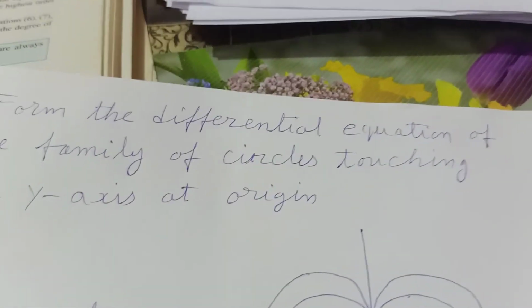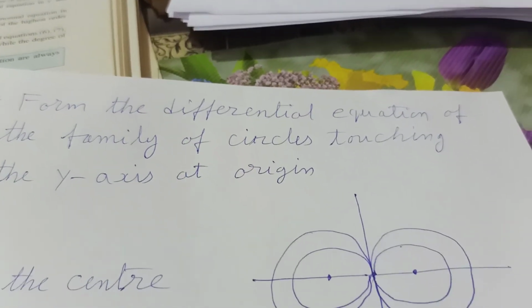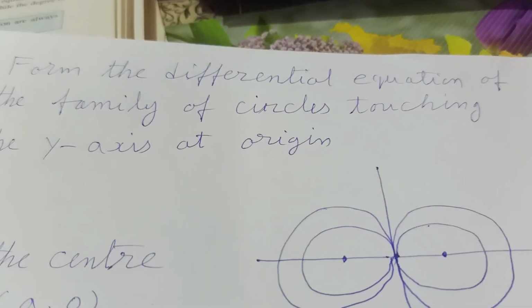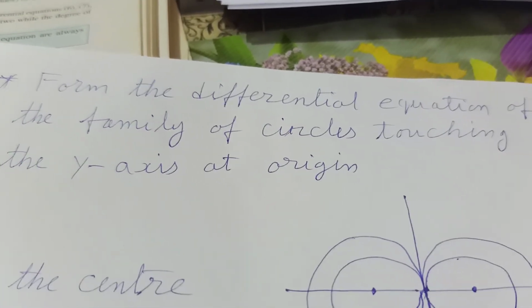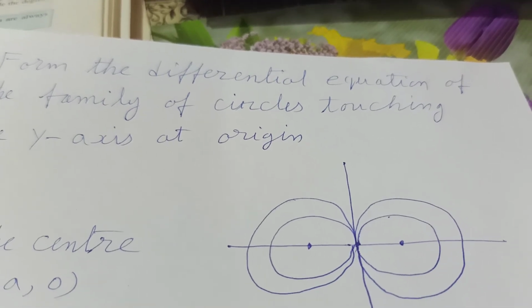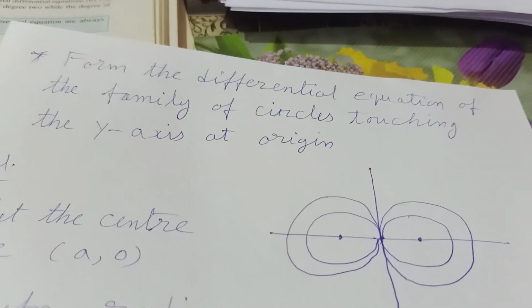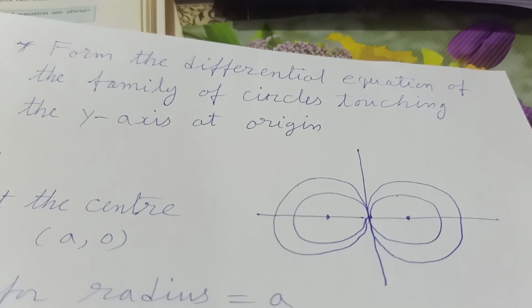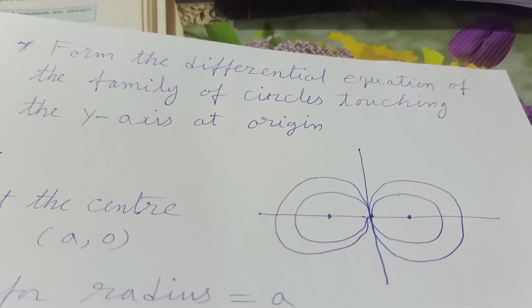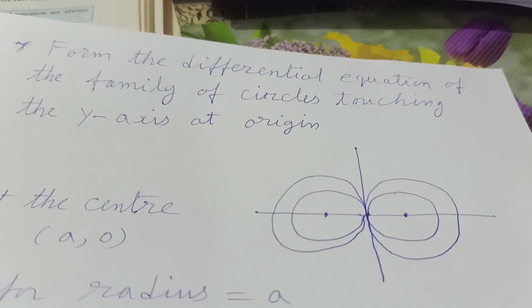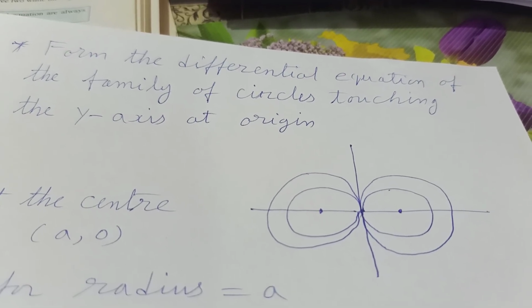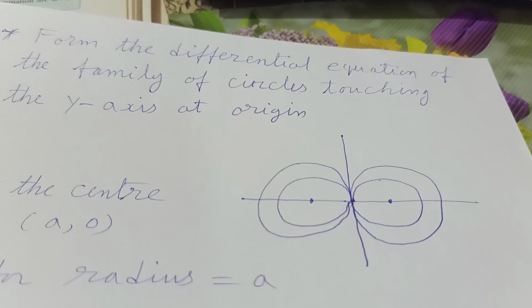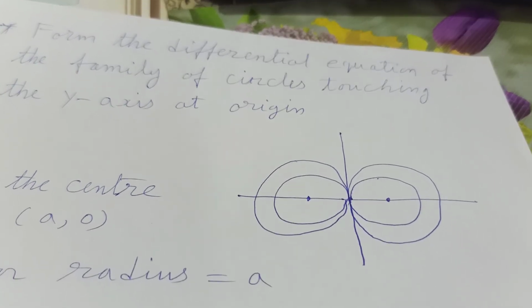Now next question: form the differential equation of the family of circles touching the y-axis at the origin. So here is the general diagram of the family representing circles touching the y-axis at the origin. You can see that the centers of all those circles will be on the x-axis, and the radius of each such circle will be the x coordinate of the center.